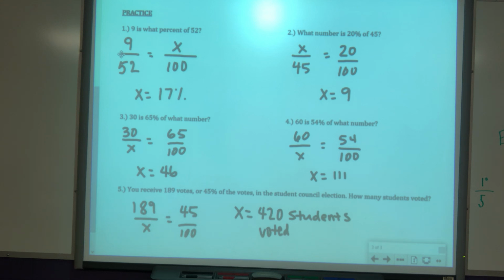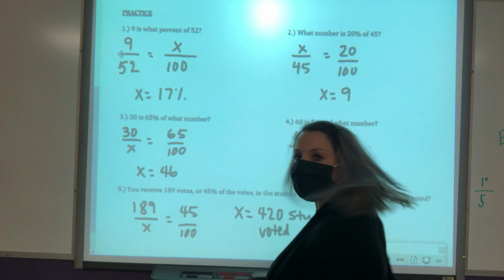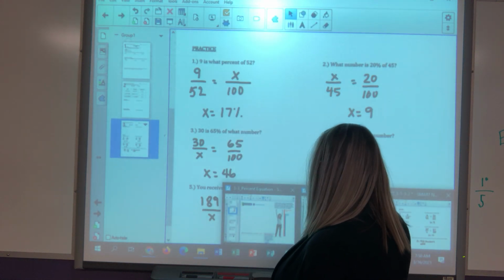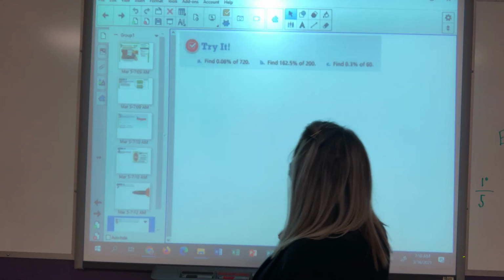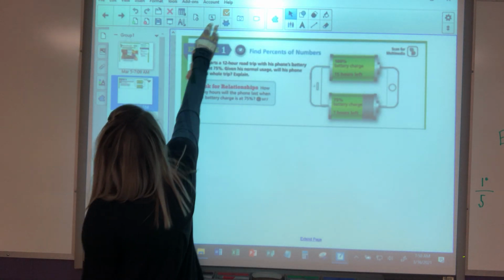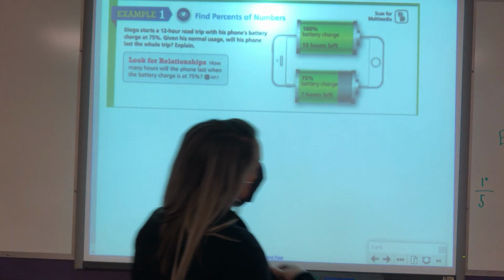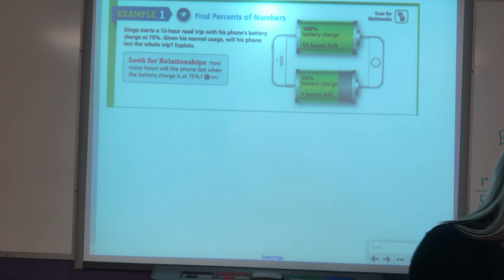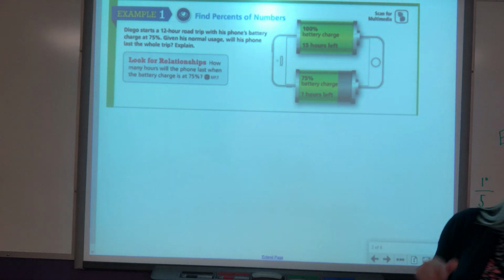So yesterday we set up problems that had to do with the percent proportion. Today we're going to look at the word problems that the percent proportion would help us solve. I gave in-person learners a packet.